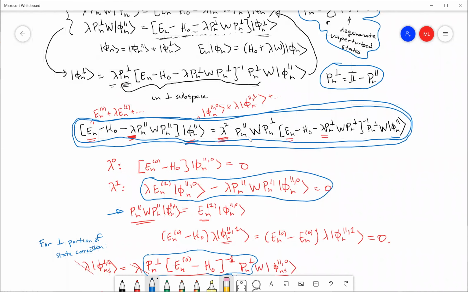So you have this equation, and if you want to know what happens to the perpendicular portion, the other important equation is, of course, this one. This gives you order by order in lambda what the perpendicular portion of the state is. And again, you can expand this in lambda and get the higher order corrections.